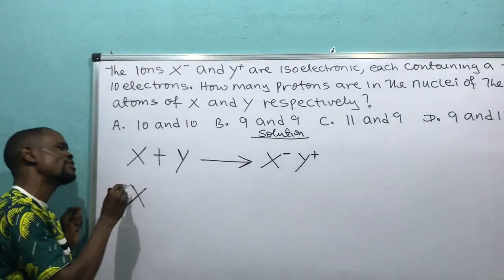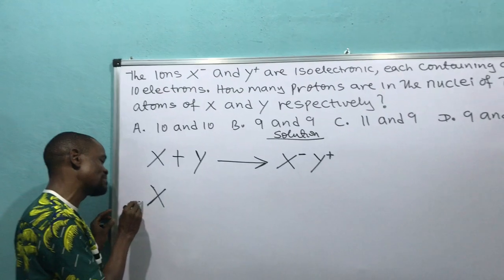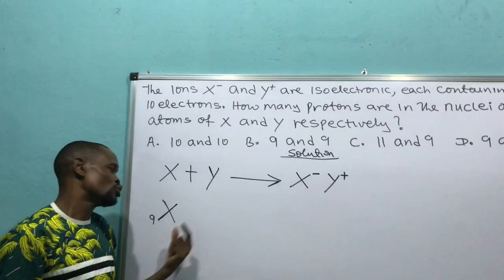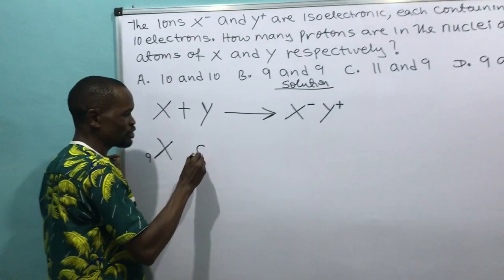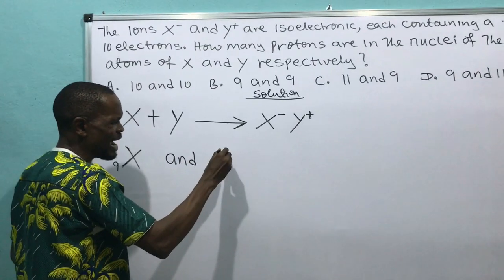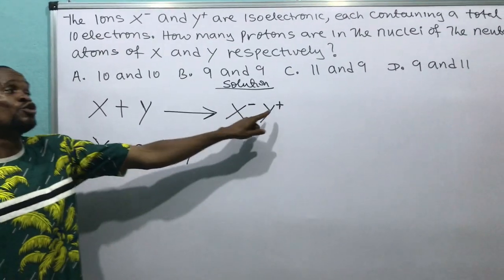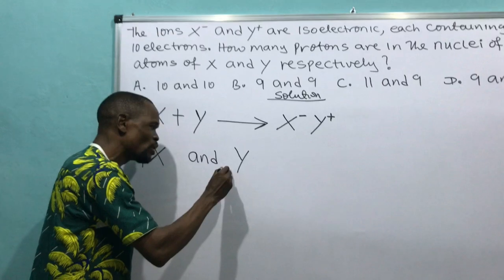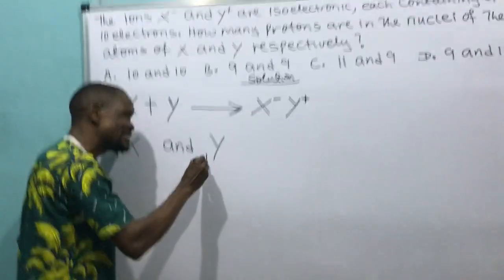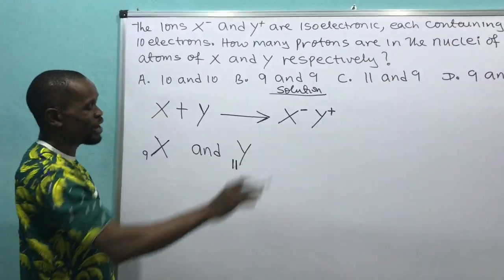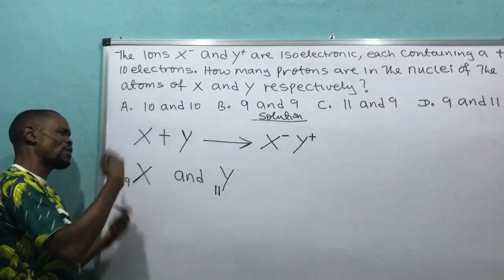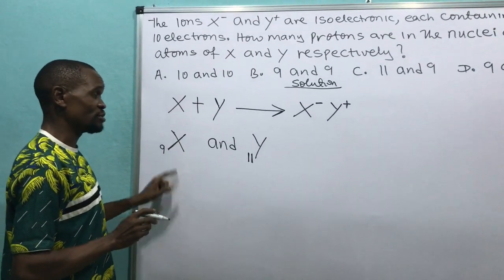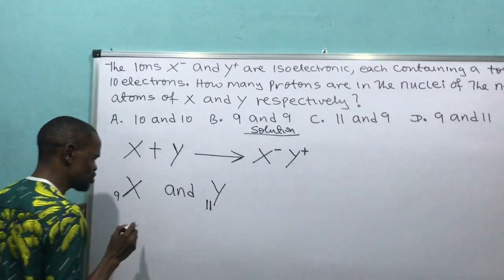So X is 9, which accepted an electron to become 10. And before the reaction, Y, which loses the electron, must be 11, so that after losing 1 electron it becomes 10. Now these are the electrons before the reaction. Then, after the reaction, I want to look at it.